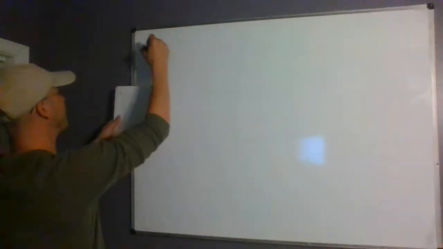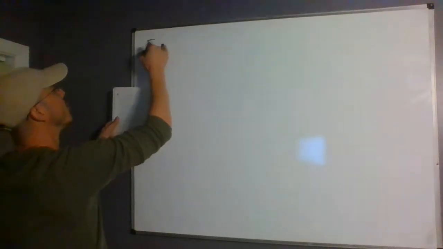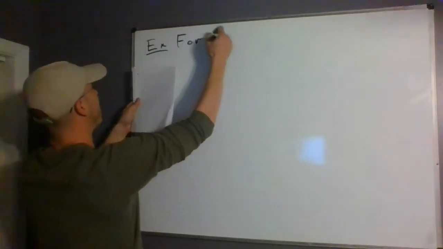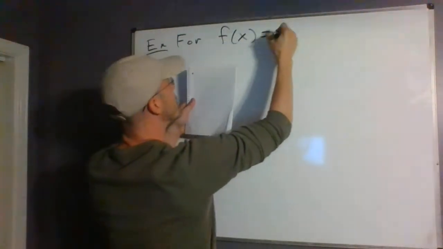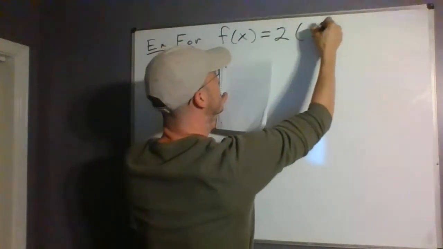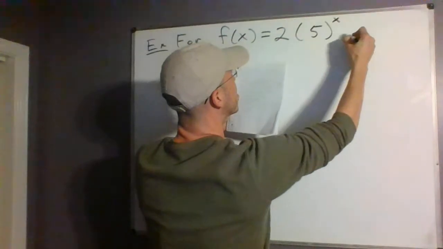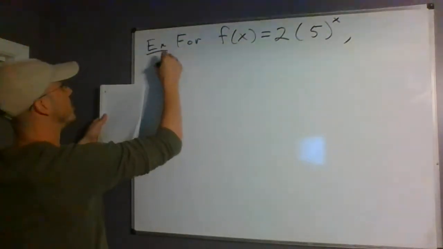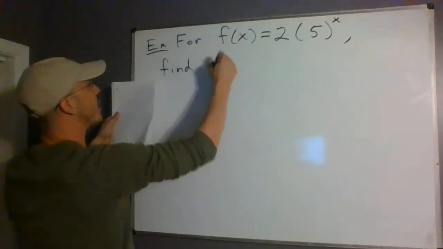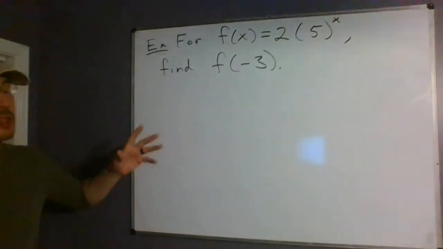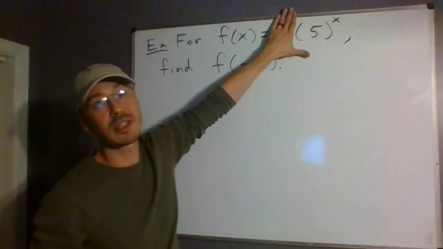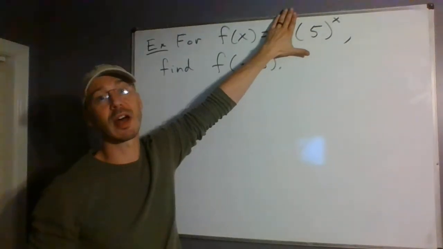I have an example: f of x equals 2 times 5 to the x. Find f of negative 3. So we're going to be evaluating this function. The exponential part has base 5.